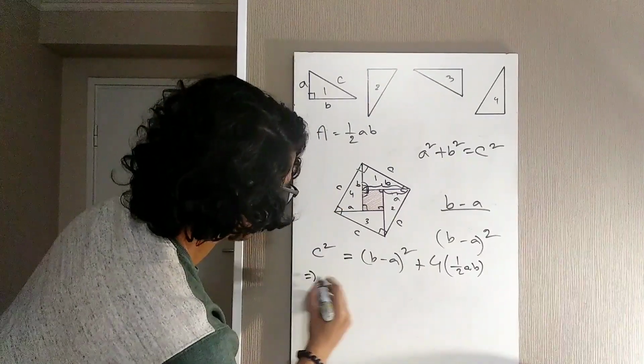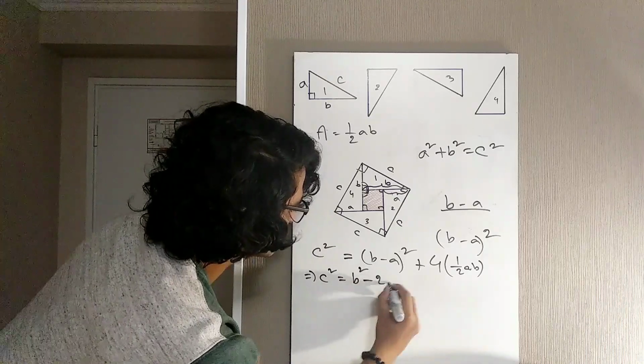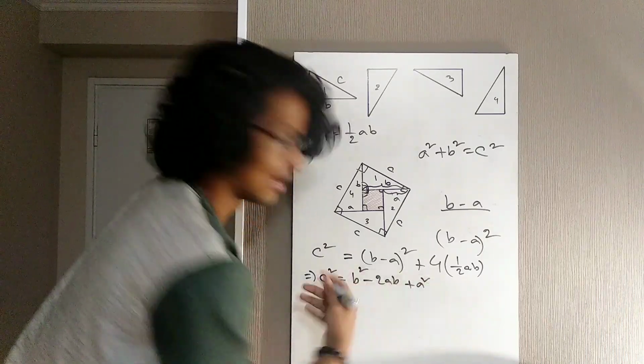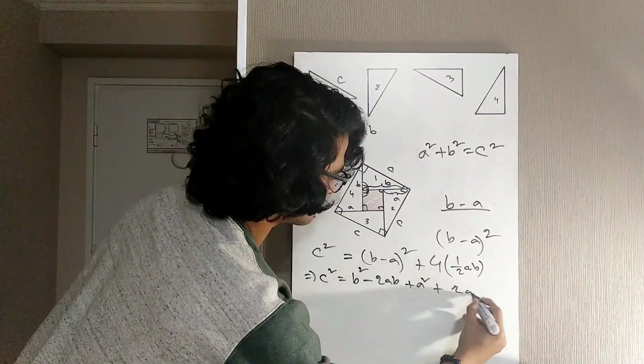Now if we calculate it we'll have b square minus 2ab plus a square, from the high school formula that we all know, and we'll have 2ab here.